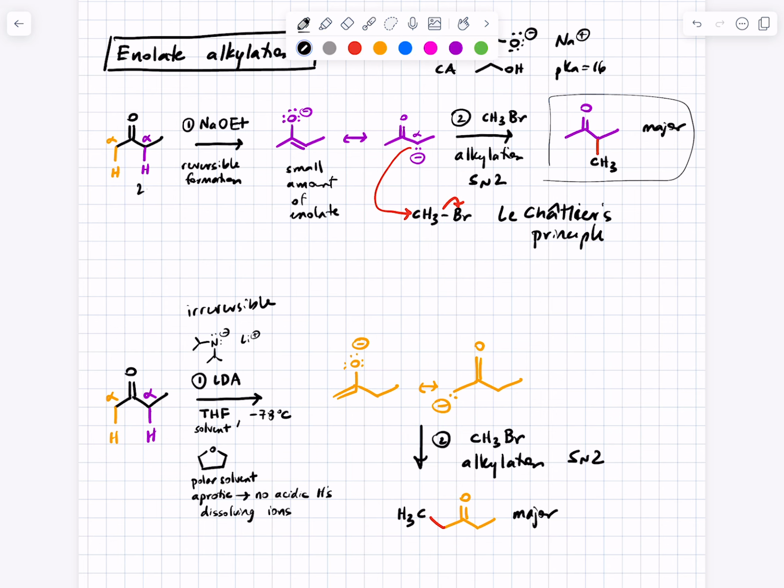You're comparing the number 20 for a standard pKa of an alpha proton on a ketone to the pKa of the conjugate acid of your base. Here 16, here 40. So that's why LDA is irreversible. And is there a limit to when it's reversible, when it's not? No, I haven't really defined that.